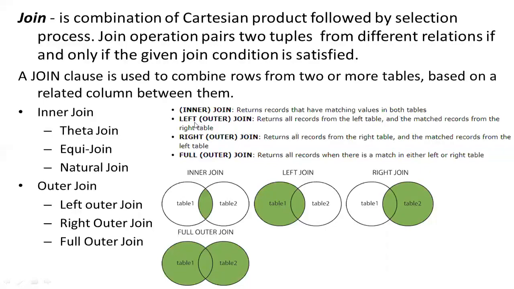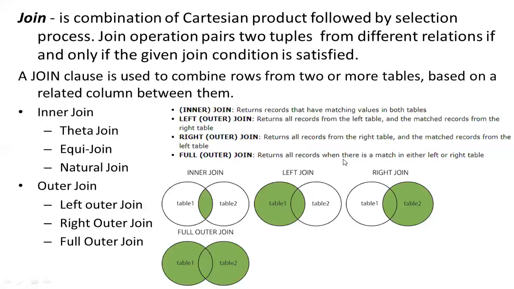Then we have the left outer join, right outer join, and full outer join. This comes in the outer join category. In the diagram, you can see it is based on set theory. In the inner join, if the condition is matching, the records available in both tables are the result. In the left outer join, it returns all the records from the left table. Suppose you combine two tables: the first table is considered the left and the second table is considered the right.